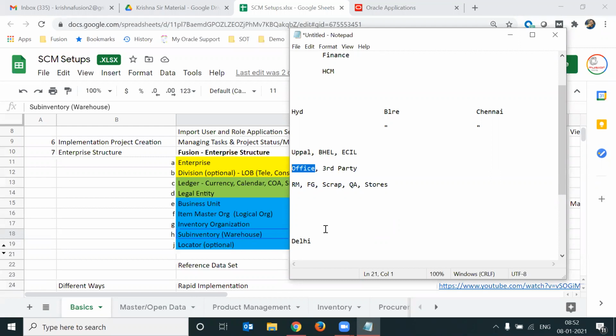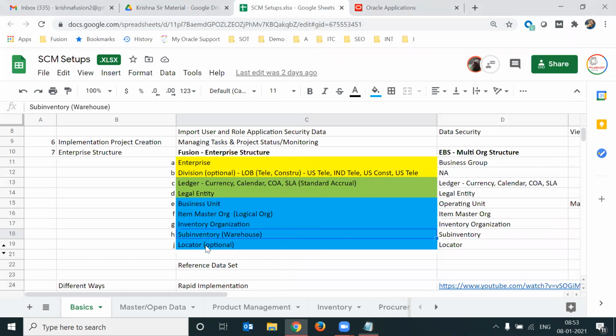This row, rack, bin is a common partition naming convention, but it can be different based on the client uses and client requirement. Okay. So locators are defined under sub inventory, and sub inventories are defined under inventory organization, and inventory organizations are defined under business unit.